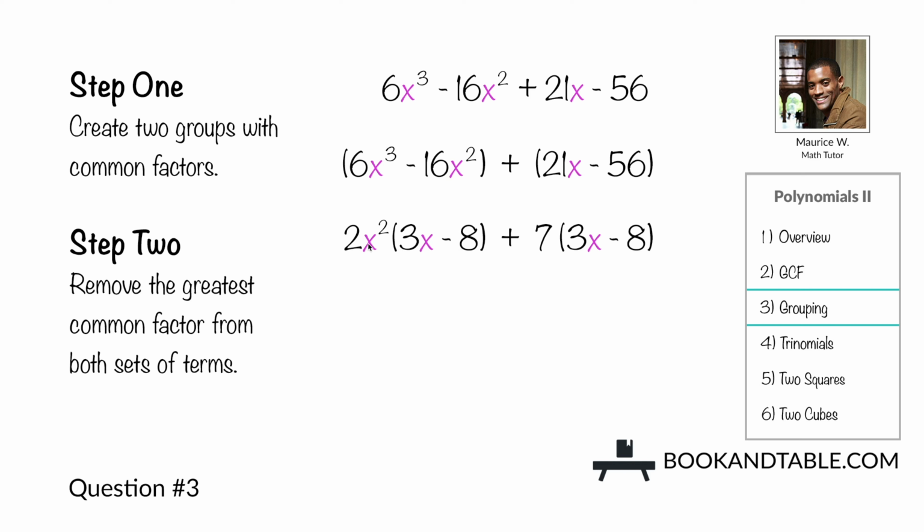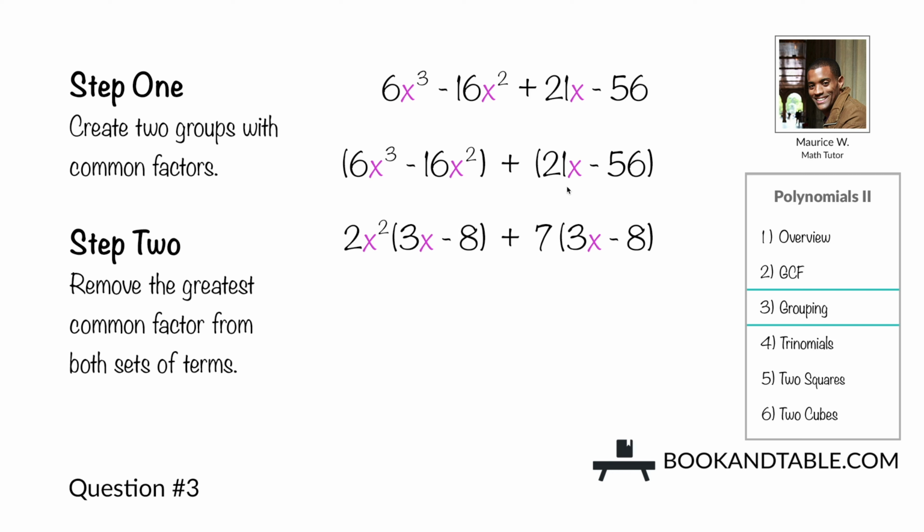X cubed divided by x squared is x. And negative 16 divided by 2 is negative 8. X squared divided by x squared is 1. So 1 times negative 8 is negative 8. So 6x cubed minus 16x squared gets broken down into 2x squared times 3x minus 8.